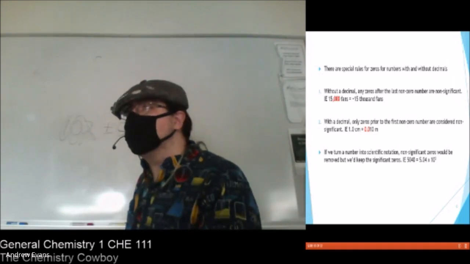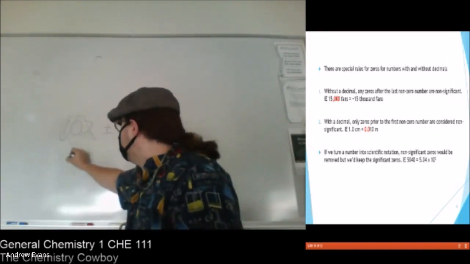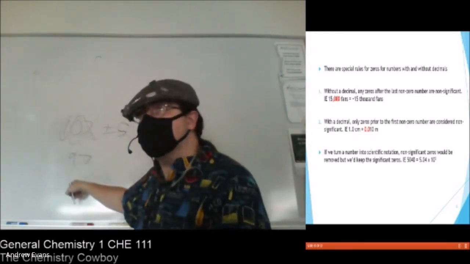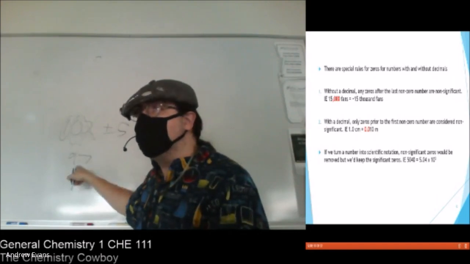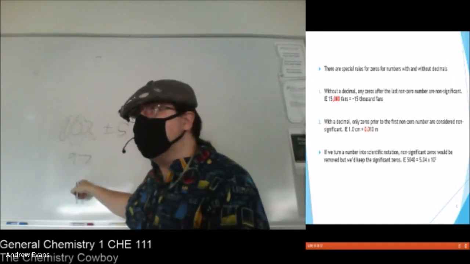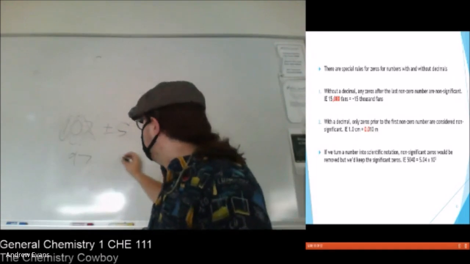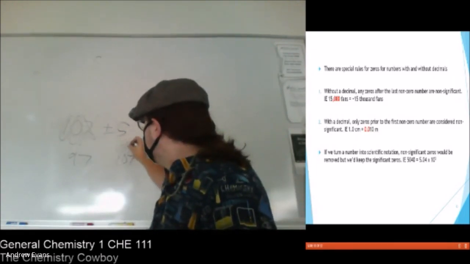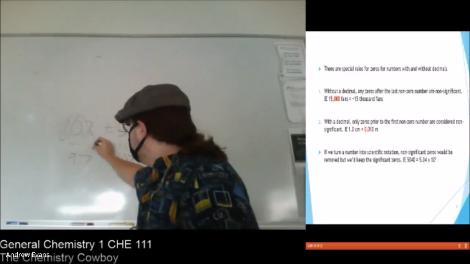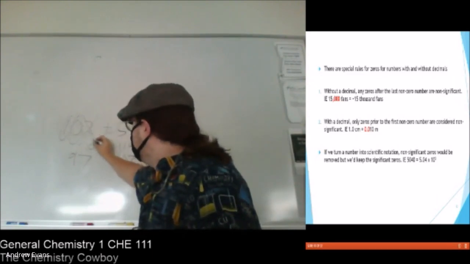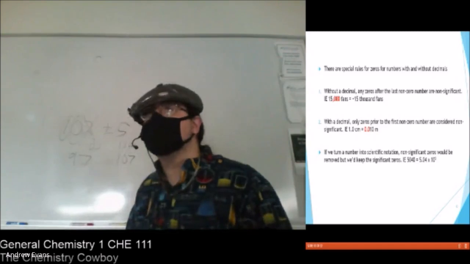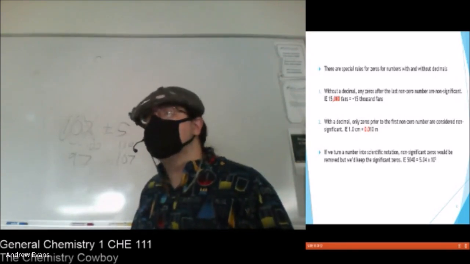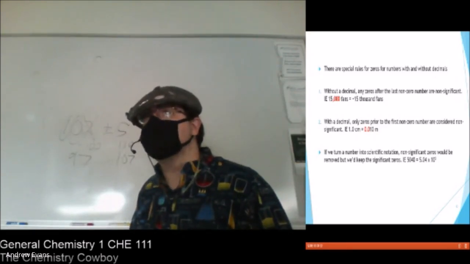So what we're saying is, if I had 97, what would that round to? It would round to 100. If I had 107, what would that round to? 110. The idea with uncertainty is you're within plus or minus 1 of the last significant figure.